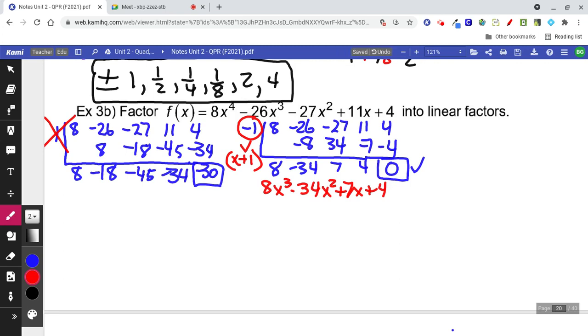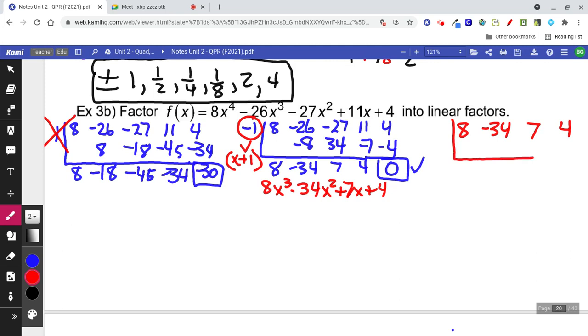We still have to try to factor this. If we knew how to factor this, we would just factor it. If we don't know how to factor this, we'll continue the process. Okay? But don't start over with the original polynomial. Use the reduced polynomial. So right now I've reduced it down to 8, negative 34, 7, and 4.